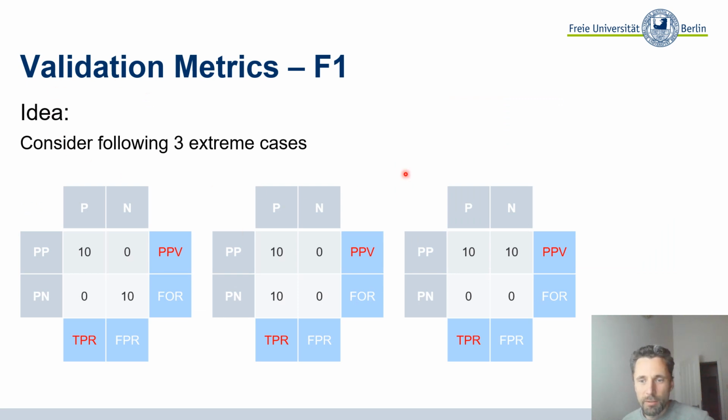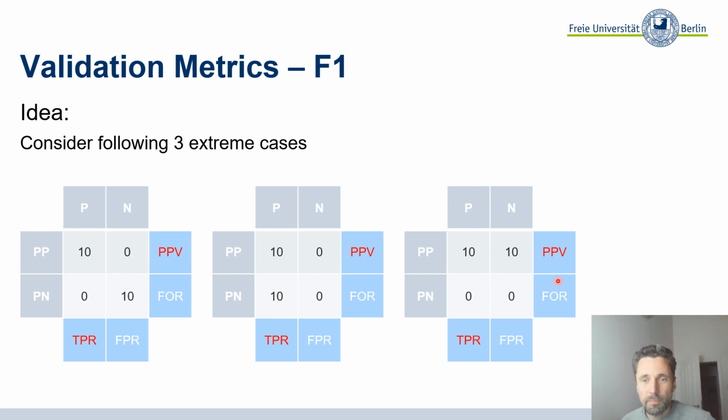Let's have a look at 3 extreme cases. I hope you agree with me that this is a very, very good case: all the positives were predicted positive and all the negatives were predicted negative. So this is good. In another case, we have an algorithm that predicts 10 of these positive samples as correctly positive, but also the other 10 as negatives.